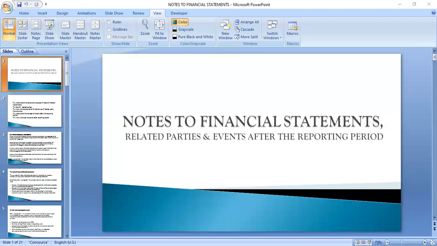So as provided now by the Philippine Financial Reporting Standards, disclose the information required that is not presented in the financial statements, and provide additional information which is not presented in the financial statements but is relevant to an understanding of the financial statements.